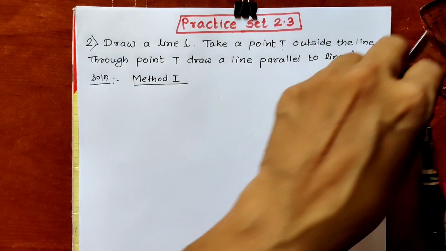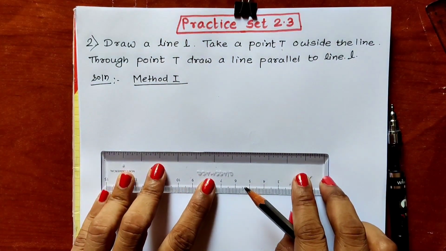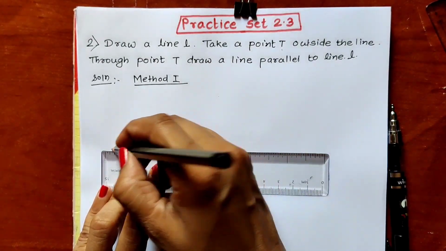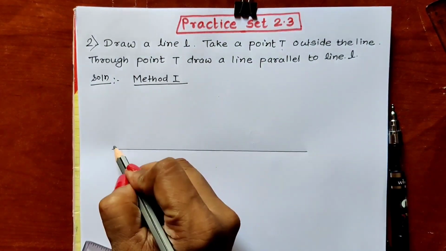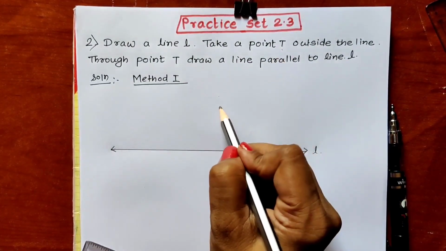Then we are going to draw line L, any line L. Okay, so this is my line L. I will take any point T outside this line.